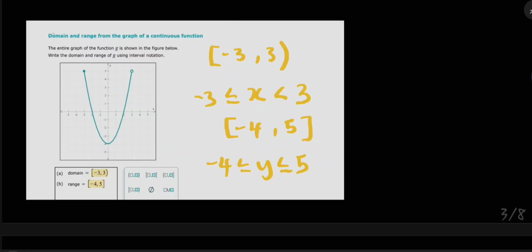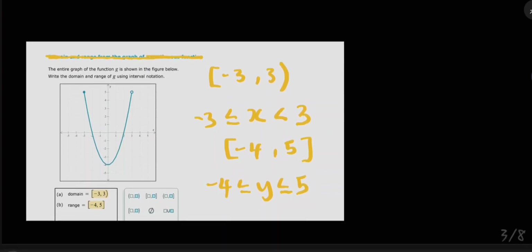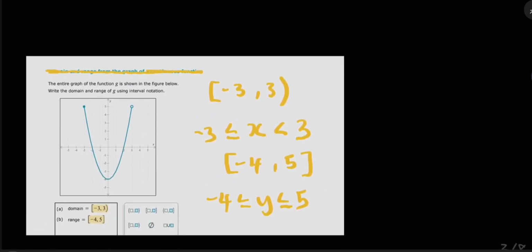So we want to find, in this case, the absolute maximum and the absolute minimum of this graph. So what would our maximum be?